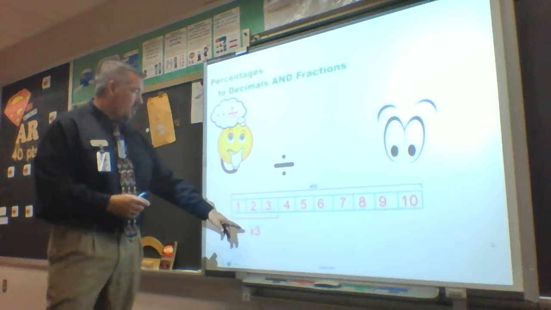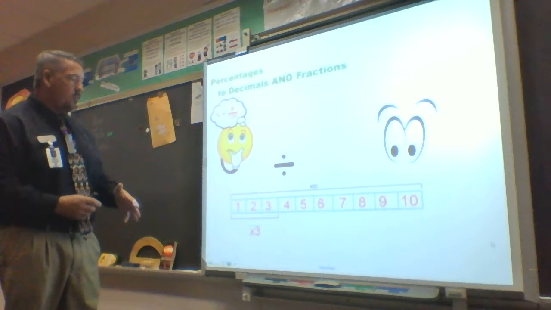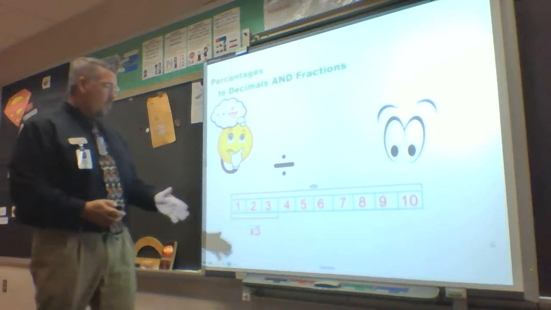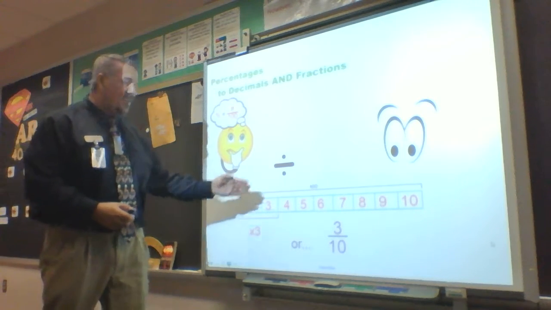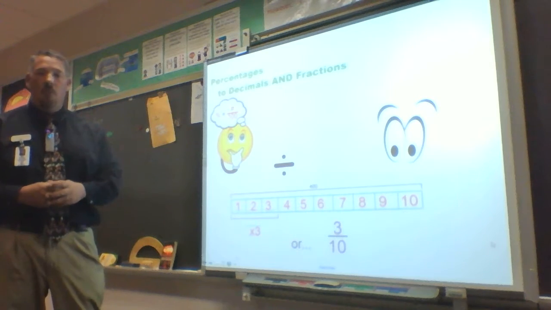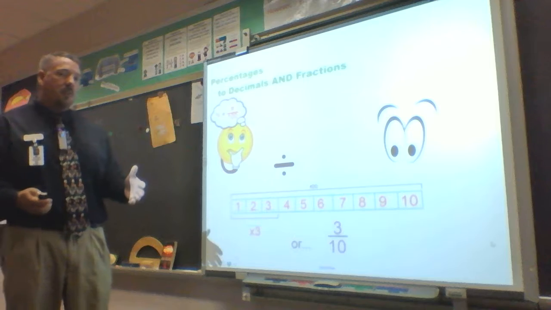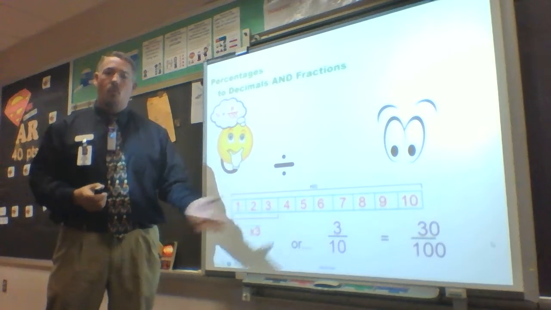And I know I'm going to be talking about a numerator of 3, because that's how many I'm going to keep. So I'm talking about using 3/10 of the whole number. 3/10, once again, thinking about percentages, is the same as 30 over 100.